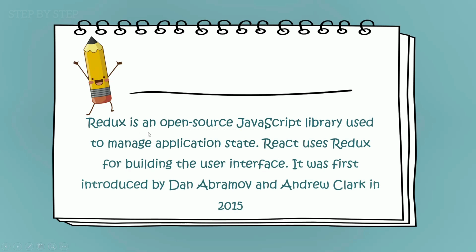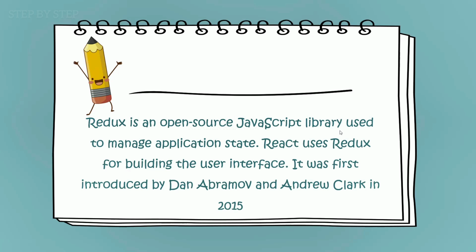Here you can see Redux is an open source JavaScript library. It is a JavaScript library. So previously if you thought Redux can only be used with React, it is not. Redux is a JavaScript library, so it can be used with Angular, it can be used with Vue.js, but most of the time Redux is used with React, so it is called React Redux.